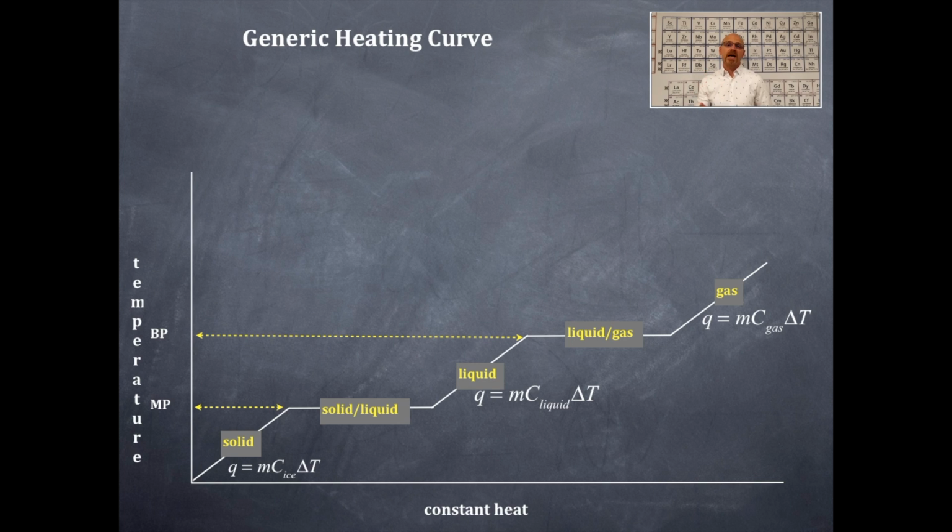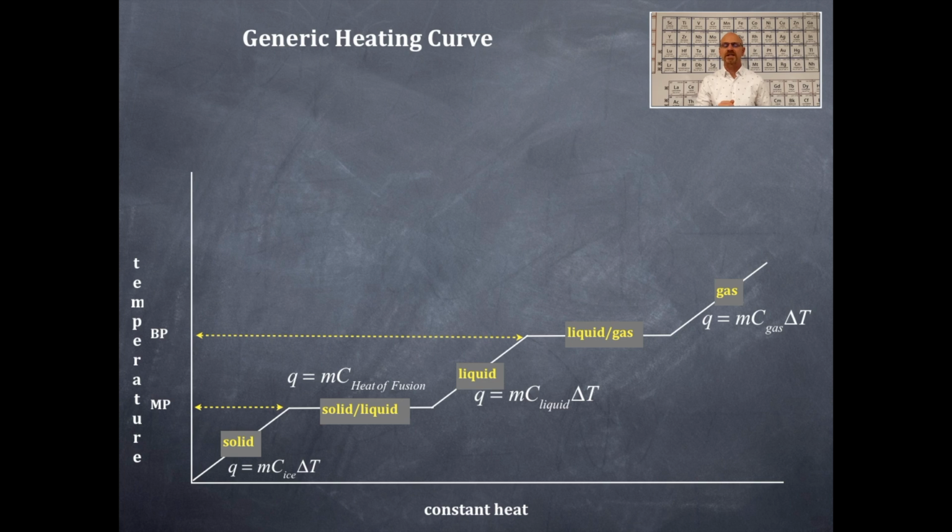Depending on what your instructor or professor gives you, the specific heat capacity might be the same. If they don't give you other values, you might be able to use the same value and get a really close approximation. So let's discuss the other two sections of this graph.